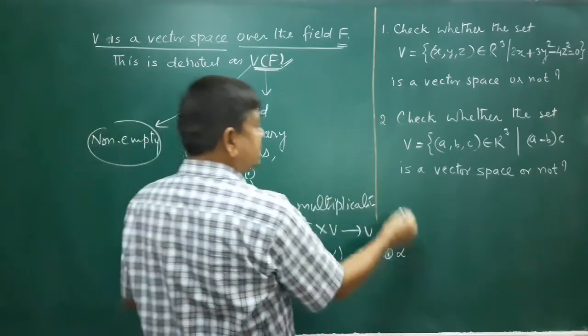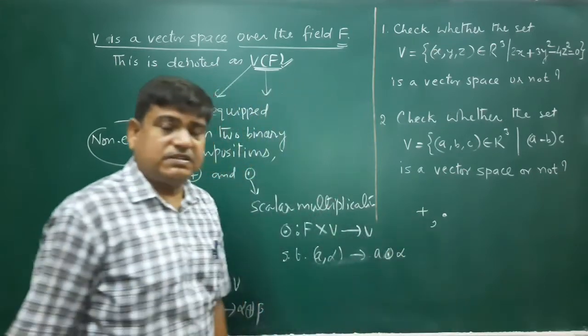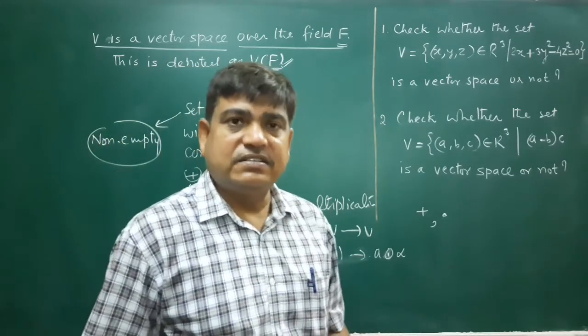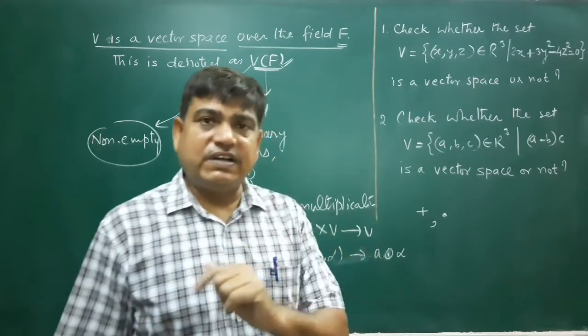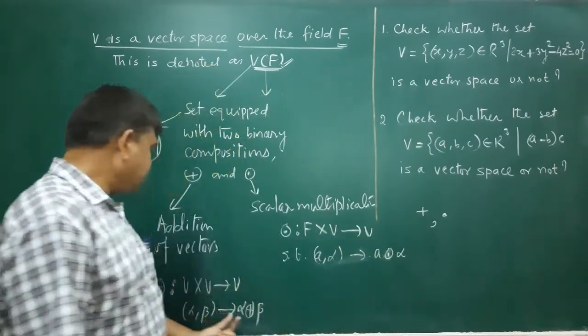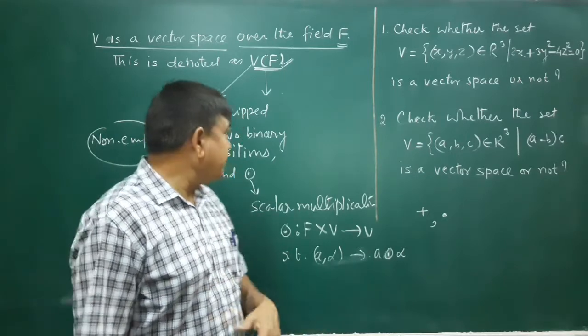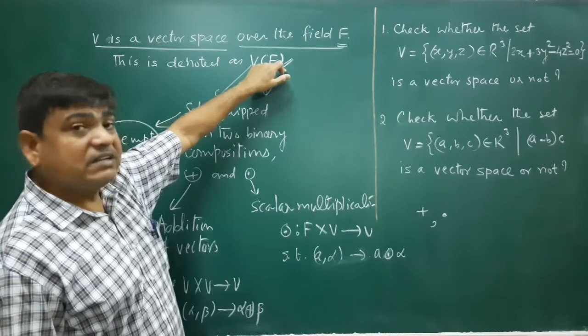Ordinary addition, we use this symbol. Ordinary multiplication, we use this symbol. But while doing questions, instead of this, we write simply A alpha. And here we write simply alpha plus beta.